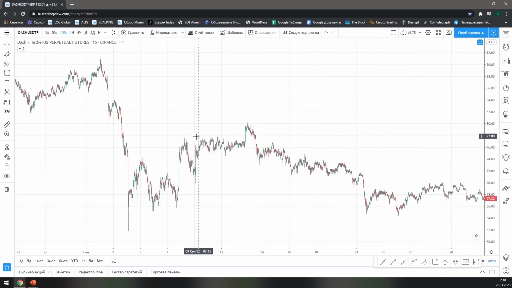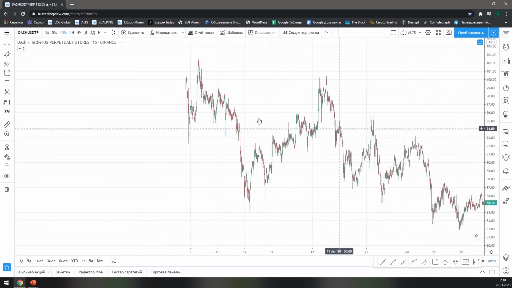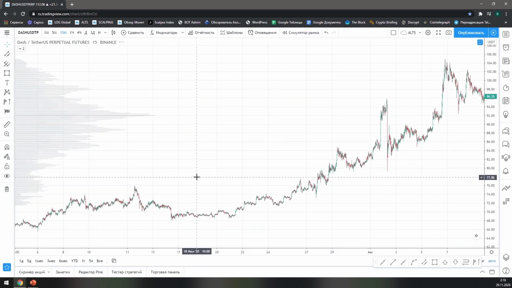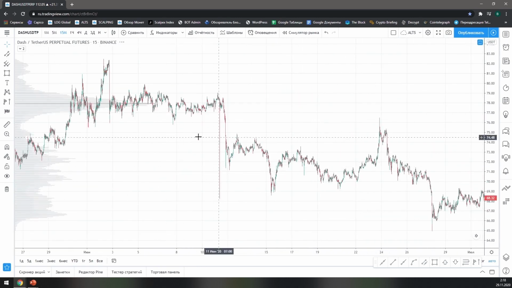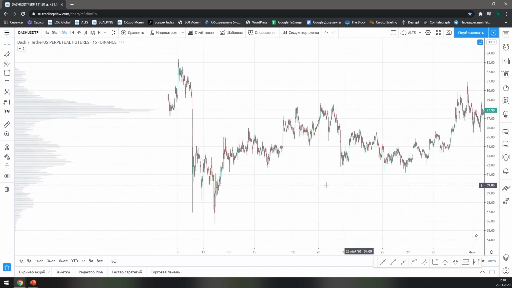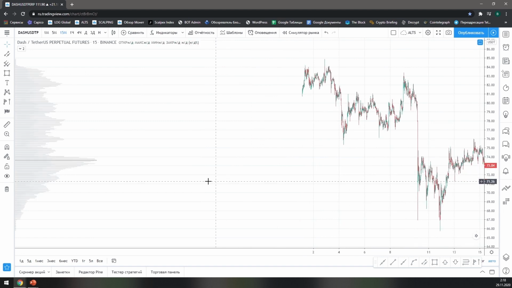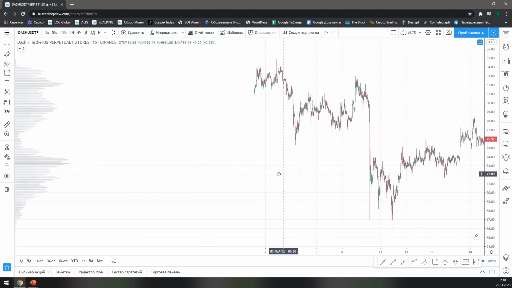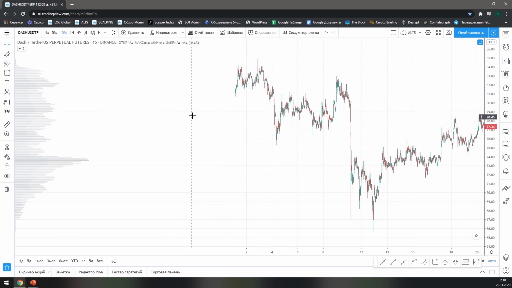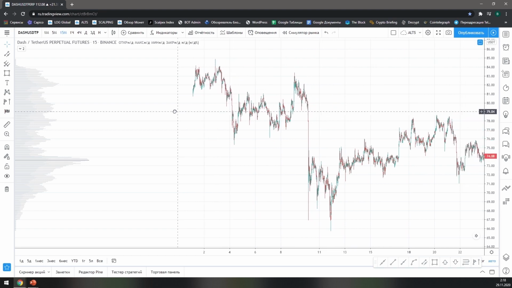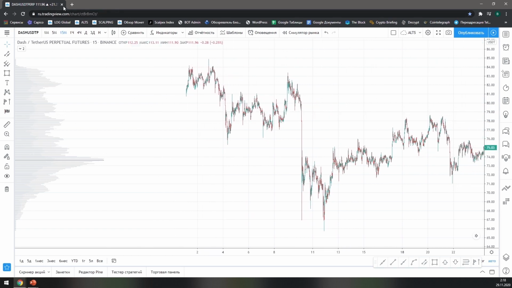Let's try to find a squeeze in a smaller time frame. Here you can see one more squeeze, the same, I mean the same bad work of correlators. Unfortunately, we cannot see more because TradingView allows only a limited number of candles.